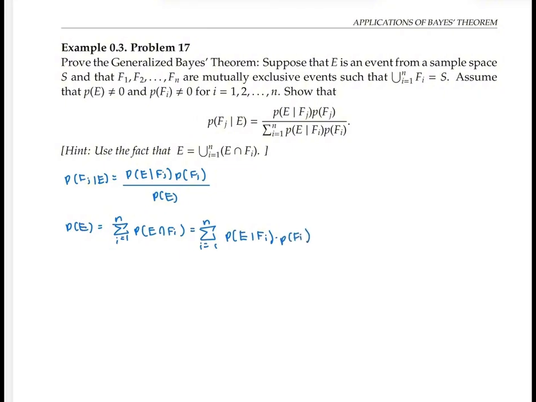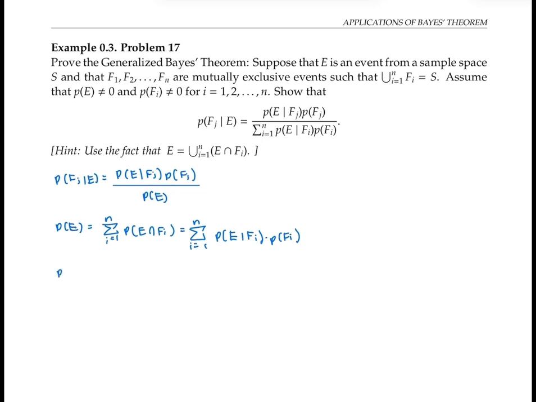Now let's sub this back into the denominator. So P of Fj given E equals what we had written before on top. As we can tell, it already matches what's given in the formula, and we're just going to put our summation down below.